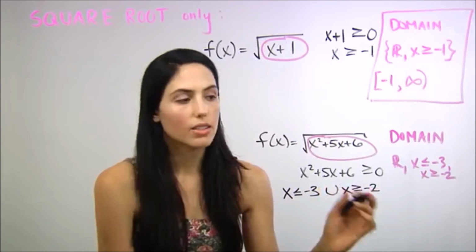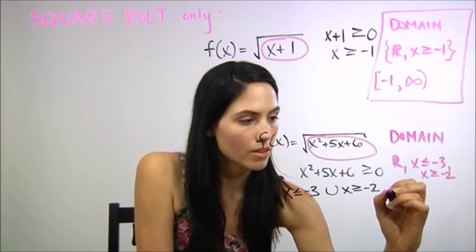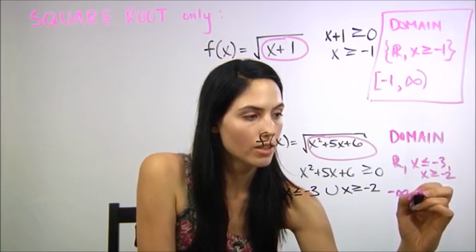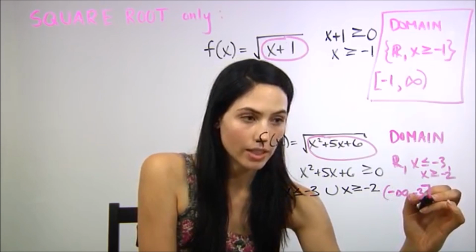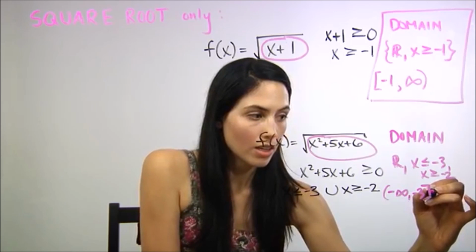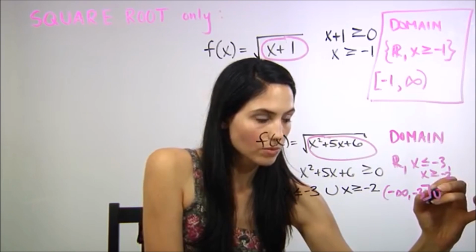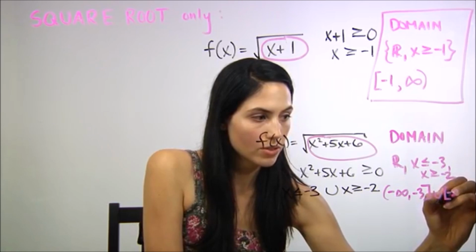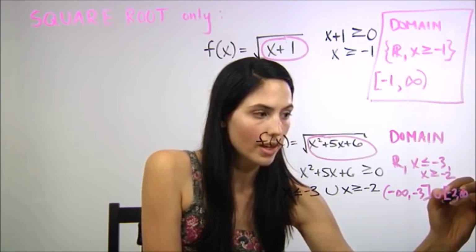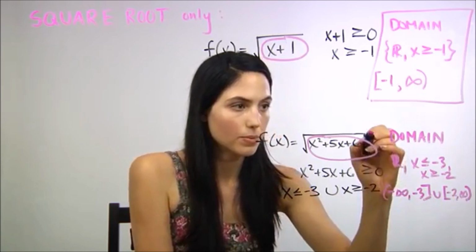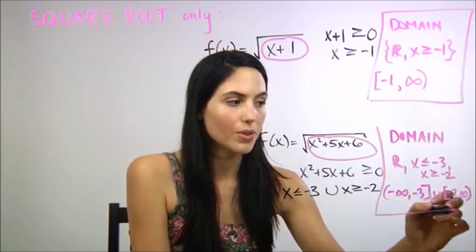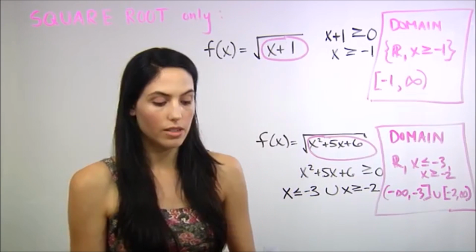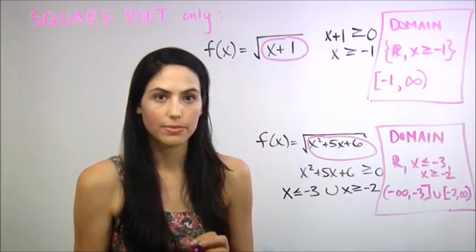If you were going to write this in interval notation, it would look like everything from -infinity all the way up to -3, including -3, and everything from -2 all the way to positive infinity. So either of those ways are fine to write your domain answer.